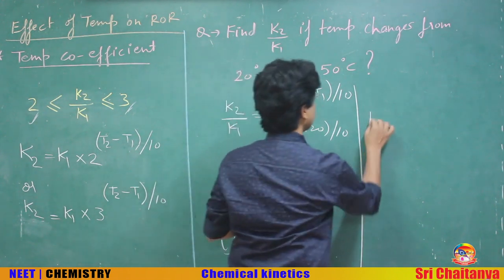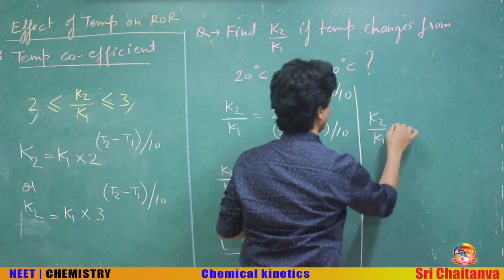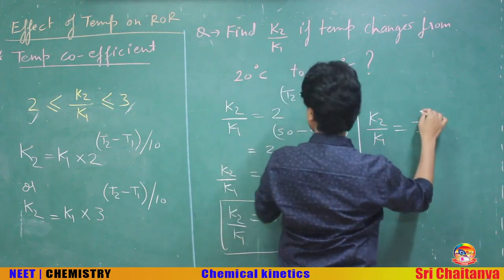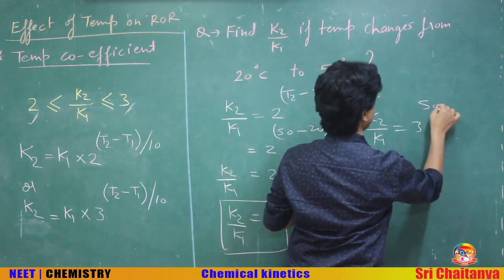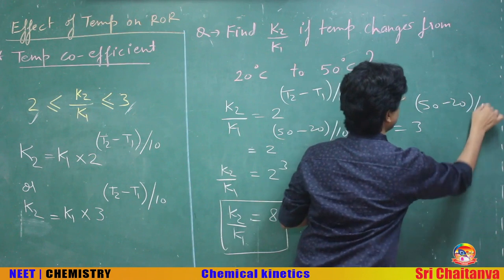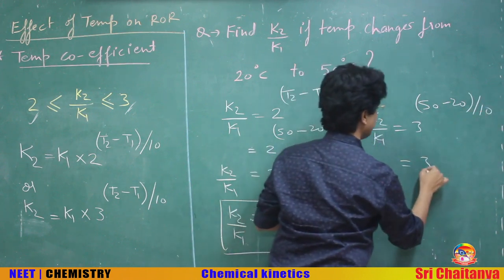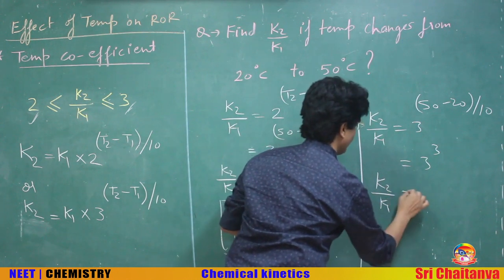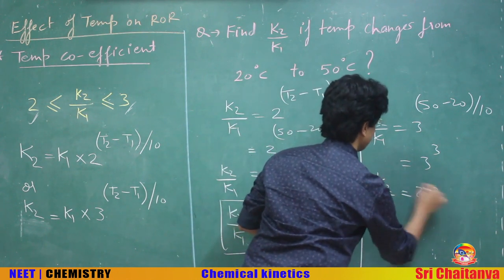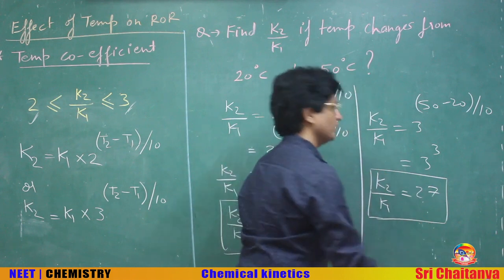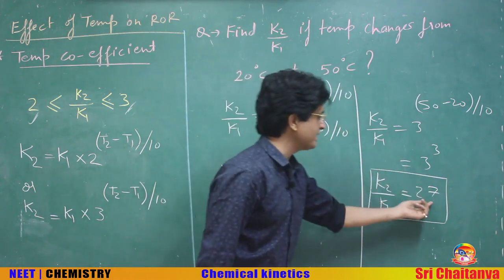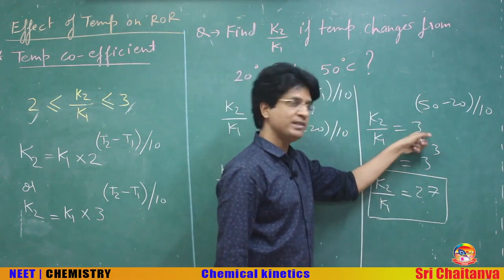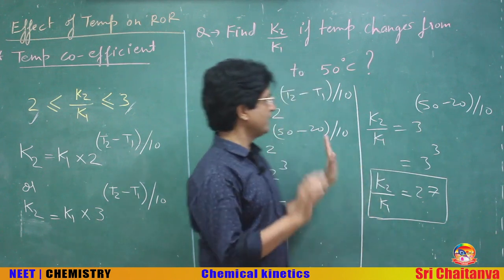So I can say that K2 by K1 will be 3 to the power of (50 minus 20) divided by 10. So this will be 3 to the power of 3. That means K2 by K1 will be 27, or I can say that rate will increase by 27 times if the temperature coefficient is given as 3. I hope it is clear now.